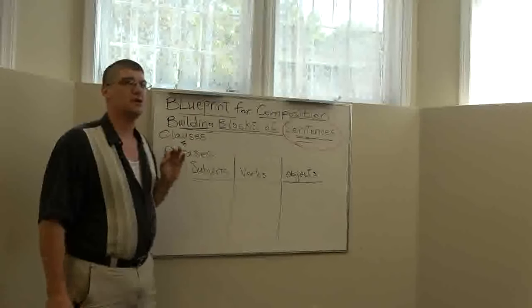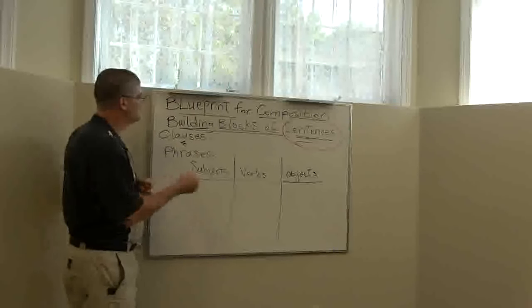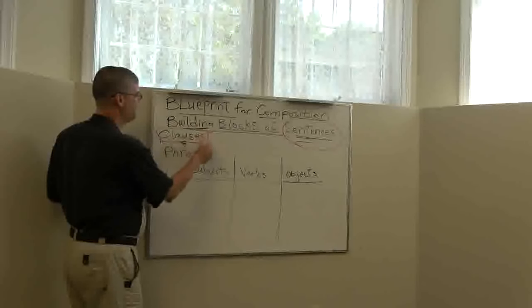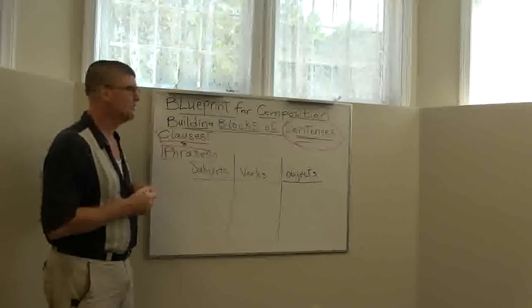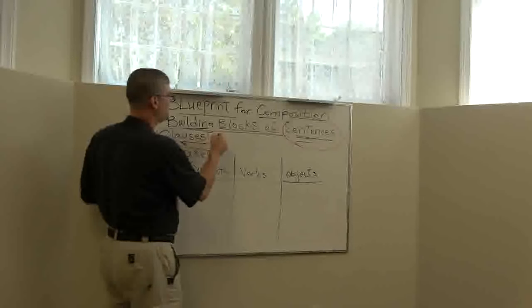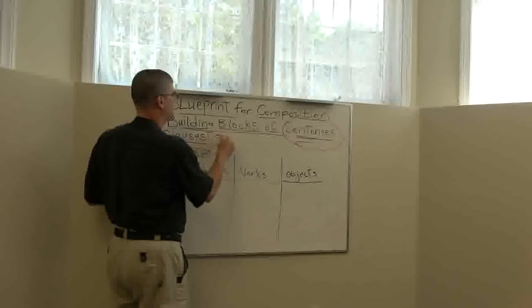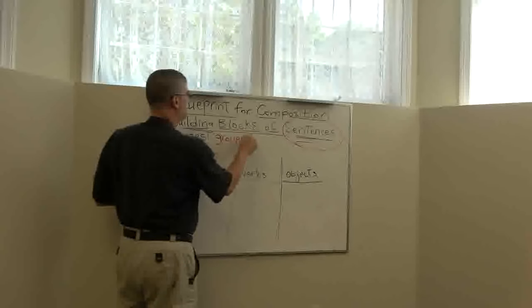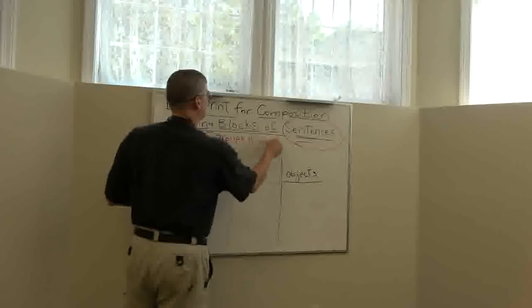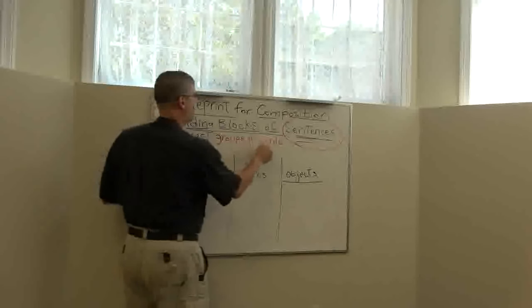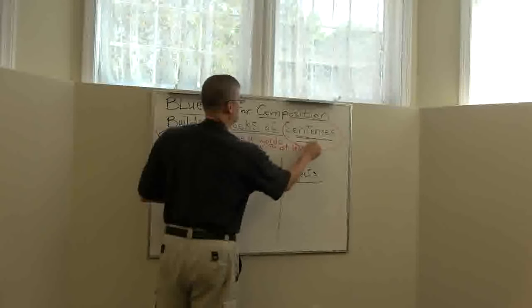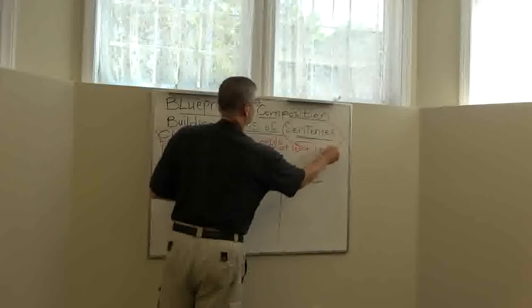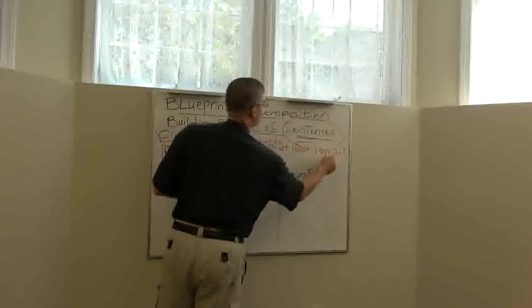Well, you have to understand what sentences are composed of. So, sentences have what are called clauses. And clauses are defined as groups of words with at least one subject and one verb.